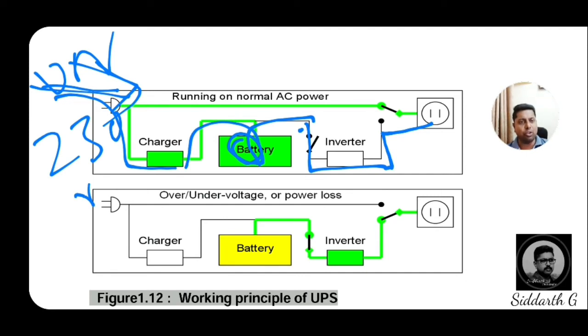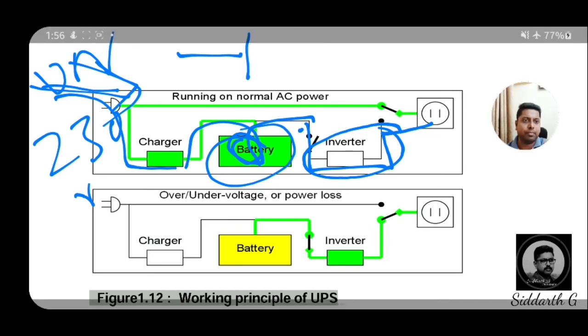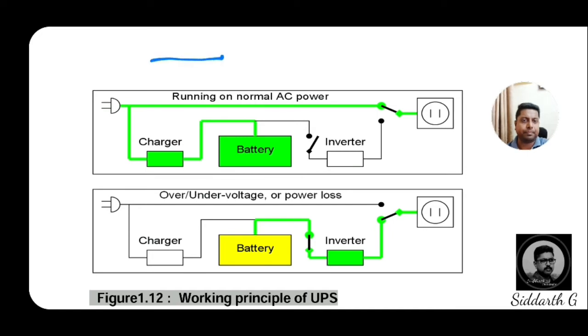But one thing you should remember, students: here the inverter is not in the on state. The inverter is in the off state, because there is no need of the battery now, since the power is on. If you remember the NOT gate, assume this inverter as a NOT gate.